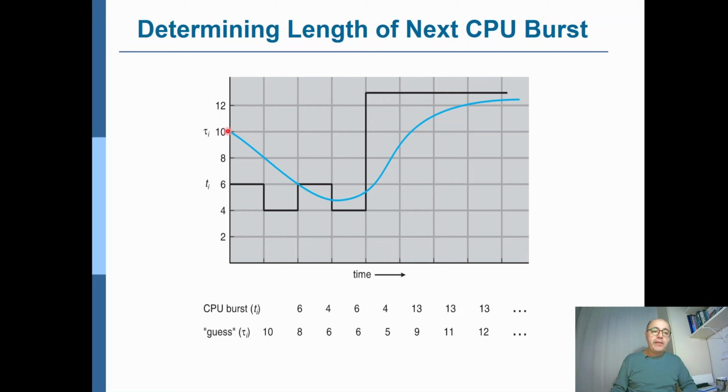Now, how fast my estimation approximates the real CPU burst lengths depends on how wildly the real CPU bursts fluctuate. If they don't fluctuate, I can estimate the next CPU burst very close to reality. If it wildly fluctuates several times, I will be either significantly underestimating or overestimating the next CPU burst.